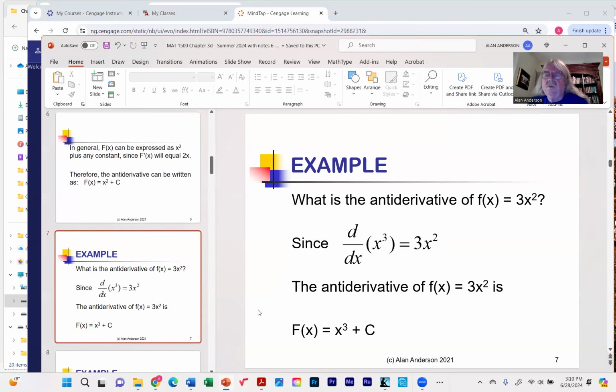Now, here's another similar case. We're told that the original function is 3x squared. And so it turns out that x cubed, if we take its derivative using the power rule, we get 3x squared. And again, we didn't really learn a technique yet. We just want to note that, that being the case, it must be true that the antiderivative is x cubed plus, of course, this constant.